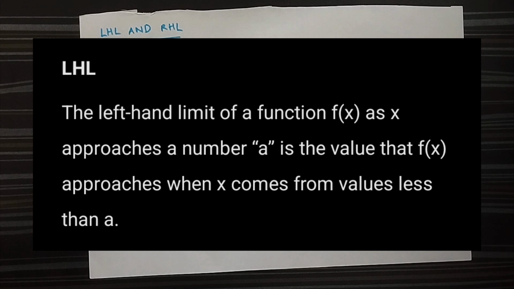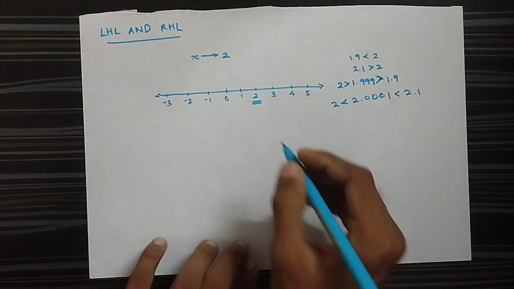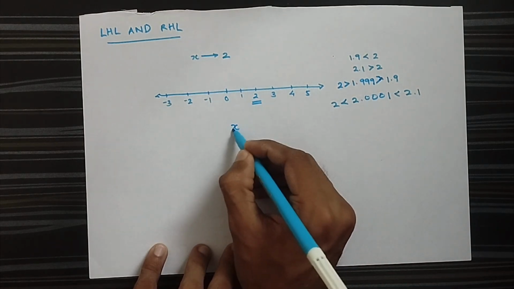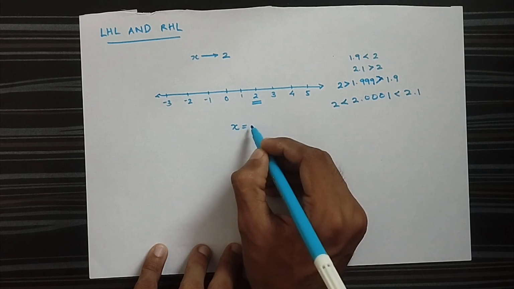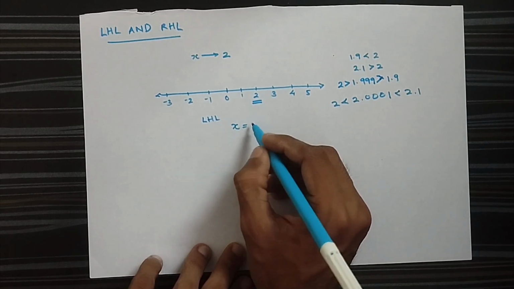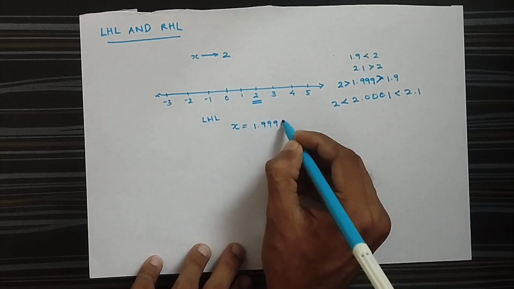The left hand limit of a function f of x as x approaches a number a is the value of f of x when x comes from values less than a. Suppose we want x tends to 2. If we are considering the left hand limit, we can give x a number less than 2, which is probably 1.999.